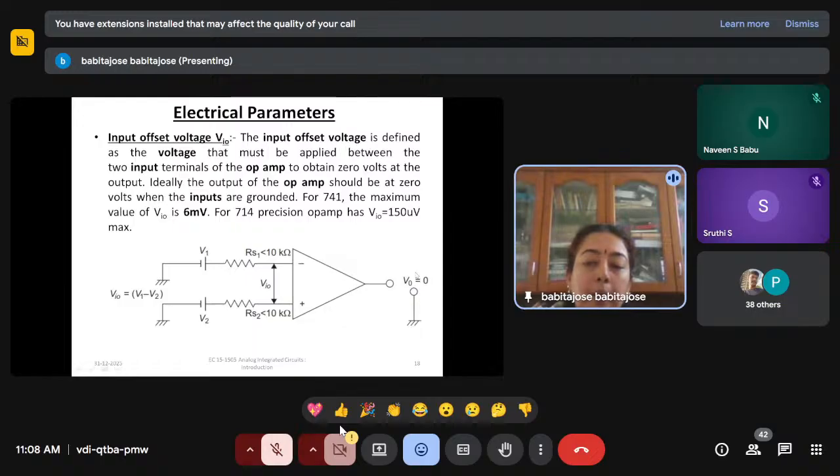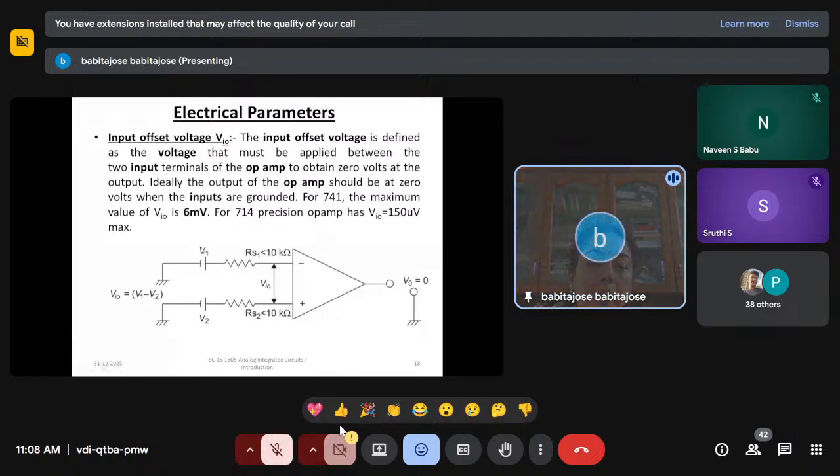Due to mismatch between the parameters of the differential amplifier pair, output may not be 0. So you are applying 2 voltages V1 and V2 to make the output 0. So VIO is the difference between V1 and V2, that is V1 minus V2.